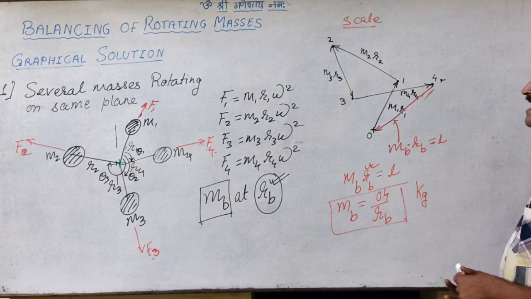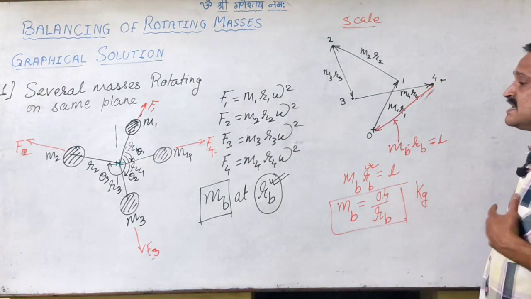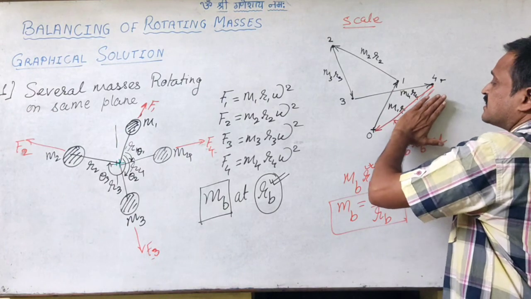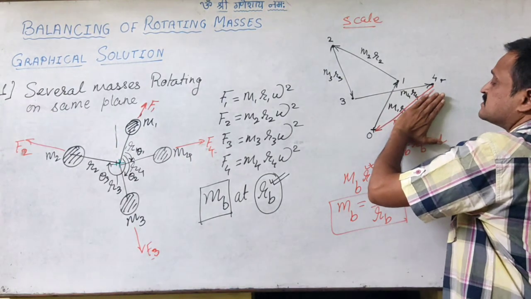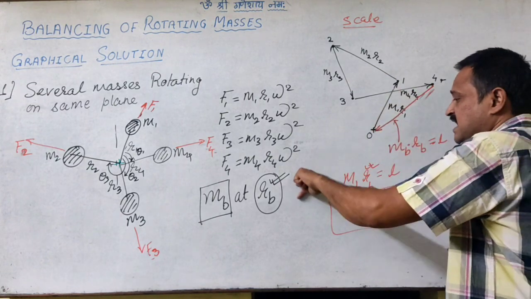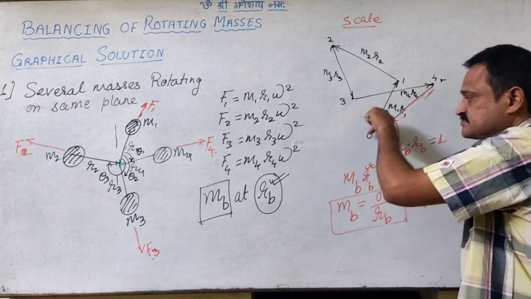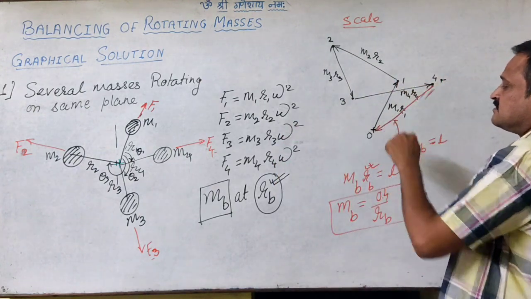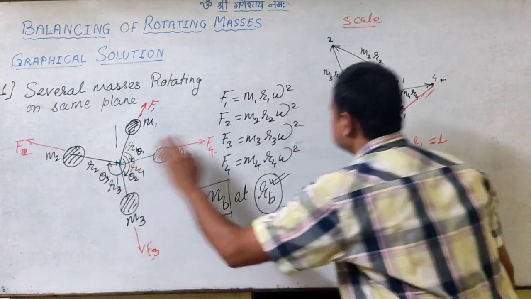As well as now I can place this vector, so I can draw the same vector. This is the direction of the balancing force, or the balancing mass, which is to be placed in the system.